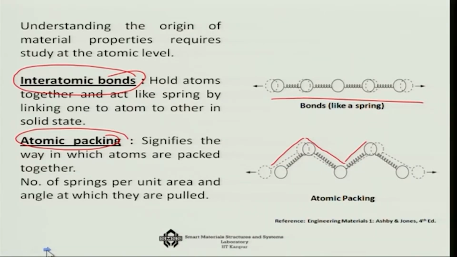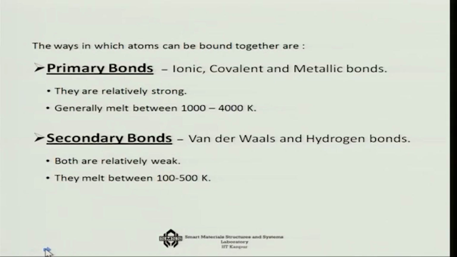So, here we will talk about two types of bonds: the primary bonds, which are actually very powerful bonds. In terms of the melting or breaking of the bonds, something like 1000 to 4000 Kelvin. So, that is why they are very, very strong bonds.